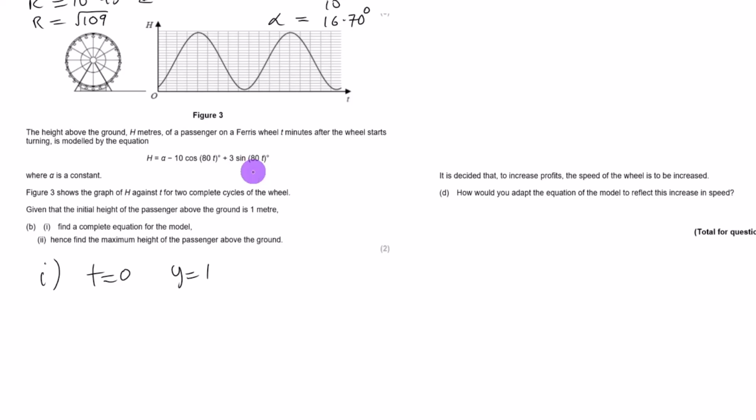So we know that 1 will equal alpha minus 10, because this bit's equal to 10 and this bit's equal to 0. So therefore alpha must equal 11. And therefore my model will be h equals 11 minus 10 cos 80t plus 3 sin 80t.